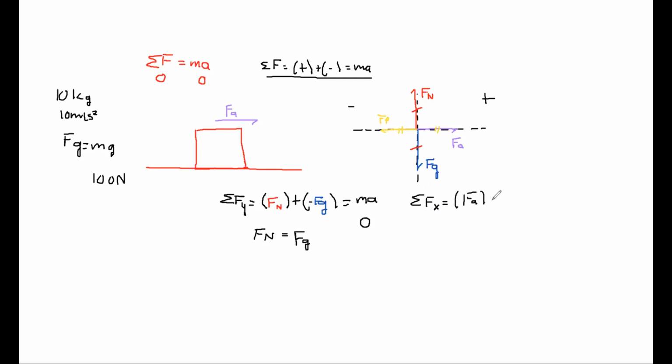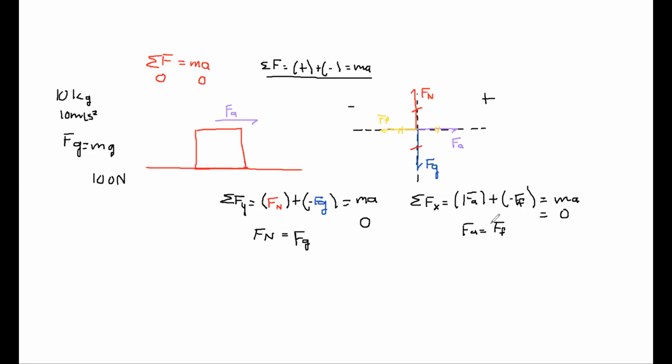To the left is going to be the frictional force. And this is going to be equal to ma. Now we stated that a is equal to 0, so they actually equal 0. Because they equal 0, I can make the statement that the applied force is equal to the frictional force. So we've seen that be our case.